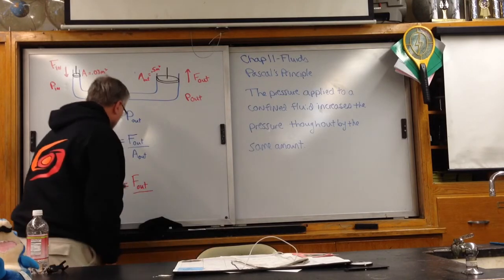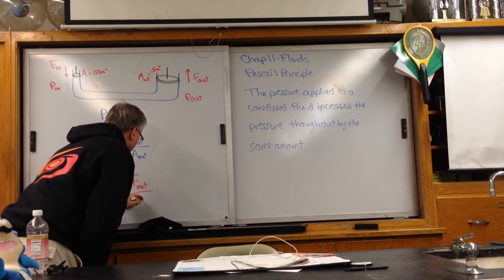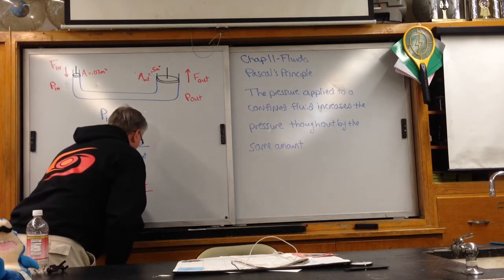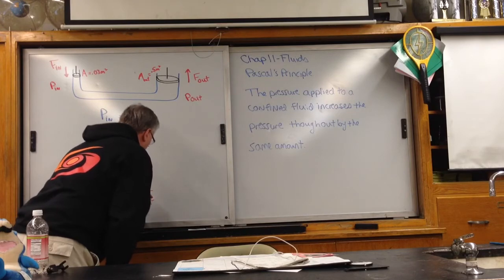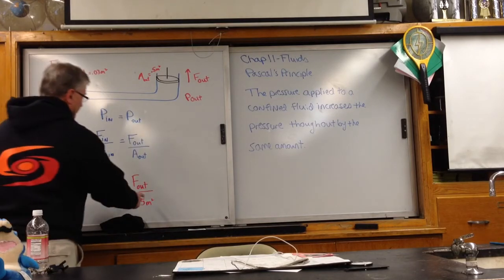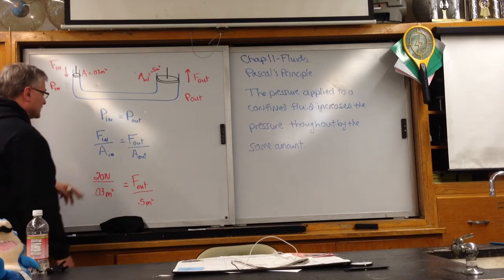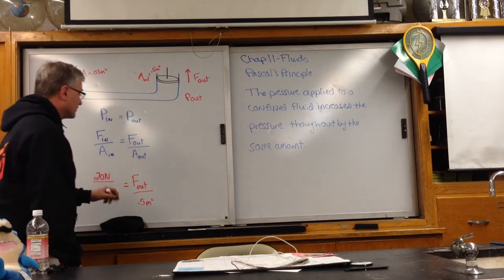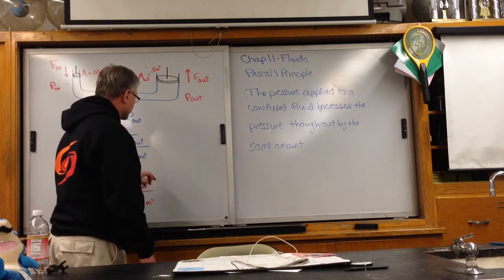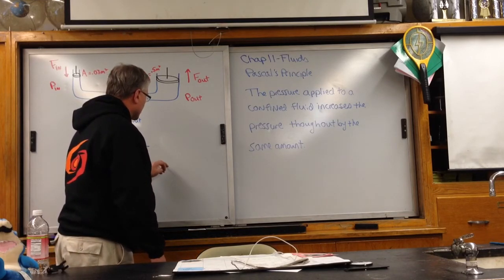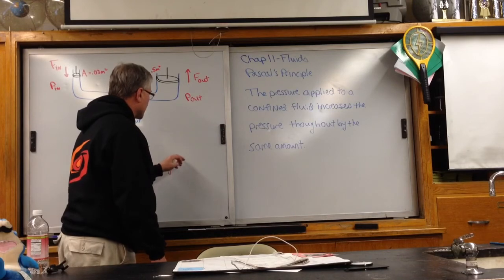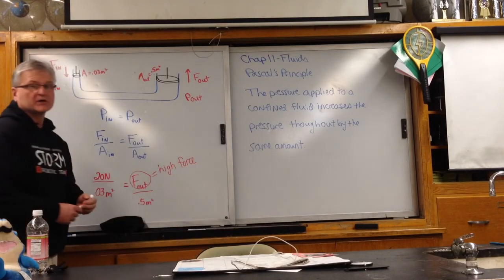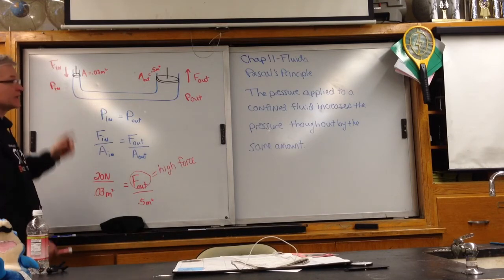And voila, we do a little multiplication, multiply 0.5 times 20, that's 10, divided by 0.03. Wow! F out is going to be a relatively high number. So F out is much higher than the amount of force that I put in.